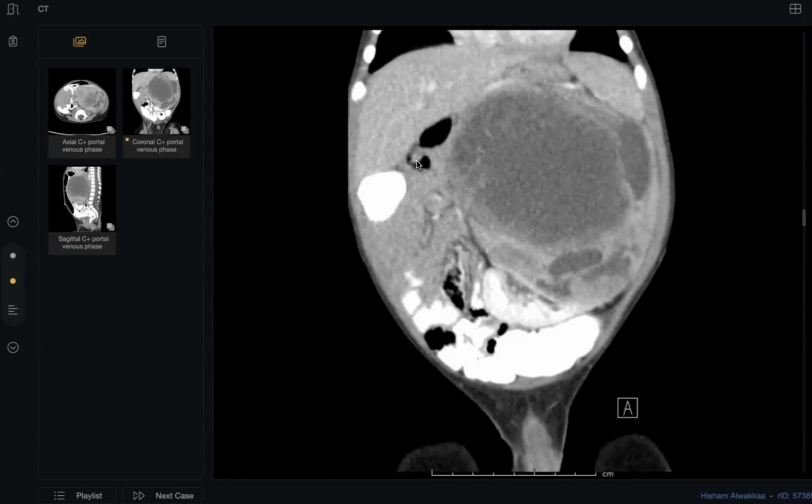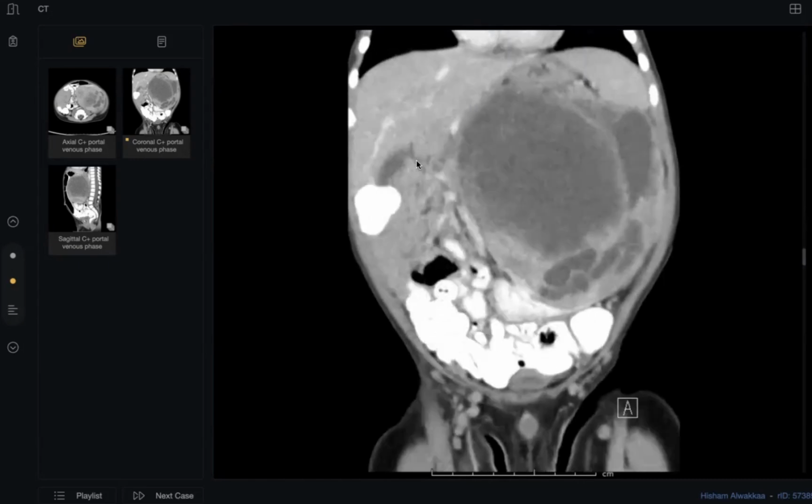I described biliary atresia and left the case, and finally it was correct. When I went home, I opened Radiopaedia and revised biliary atresia. I found many normal variants, like the gallbladder may be smaller. The atresia may be at a low level, so you can see a little bit of the CBD.